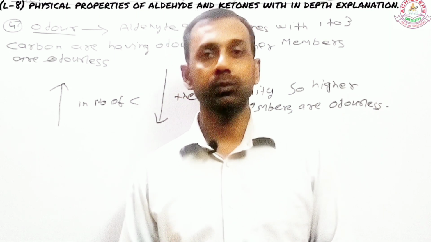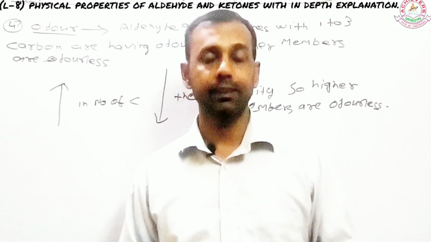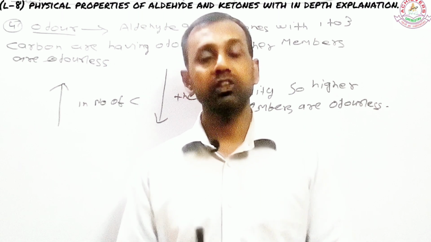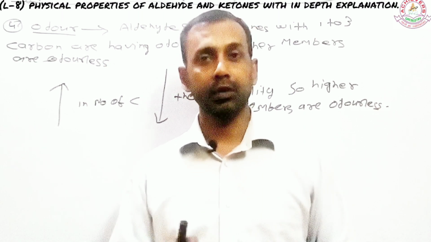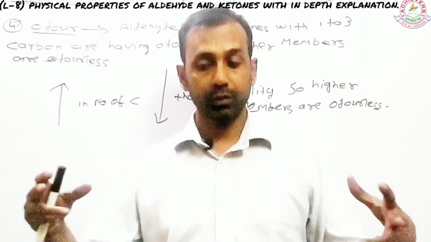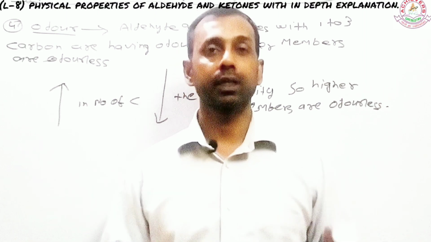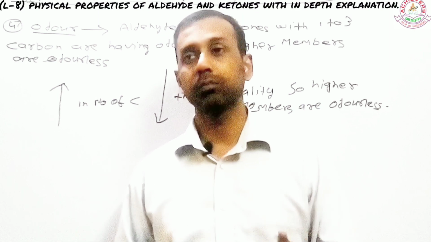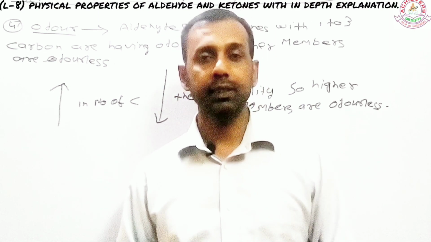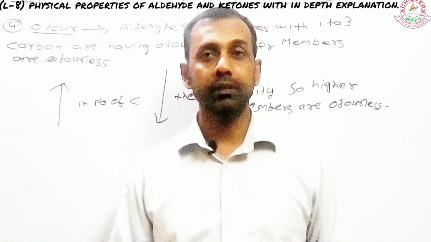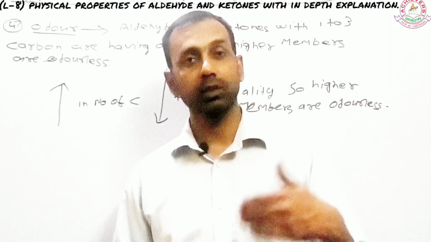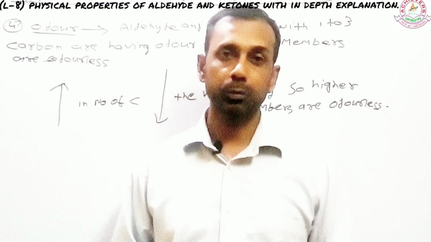If an aldehyde or ketone has a smell, has odor, has fragrance, then it must be a lower aldehyde or ketone, because the higher ones cannot evaporate, cannot be volatile, because they have a higher magnitude of van der Waals force of attraction, and that makes them non-volatile. If they are non-volatile, they cannot produce vapor, and if they cannot produce vapor, their diffusion is not possible, and they are not diffusing, so they are going to be odorless.